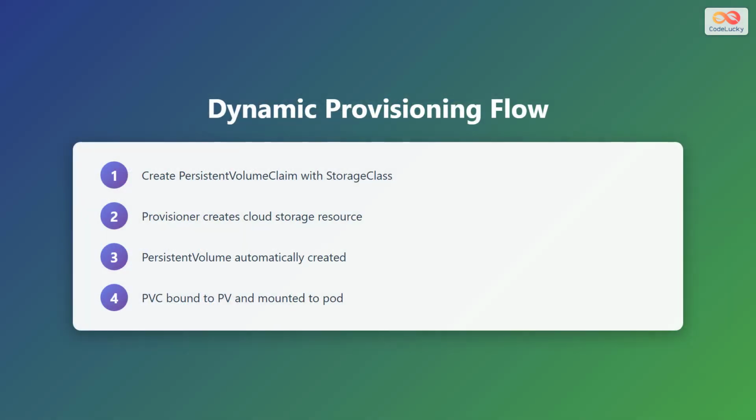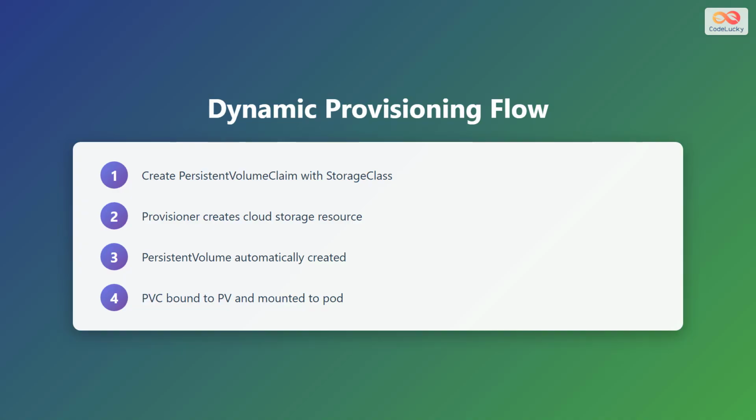Dynamic provisioning automates the creation of storage volumes. Here's how it works. First, you create a persistent volume claim, or PVC, that references a storage class. The PVC describes what kind of storage you need, including size and access mode. Second, the storage provisioner defined in the storage class creates the actual cloud storage resource, such as an EBS volume or Azure disk.